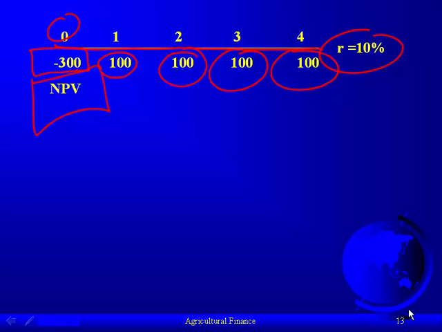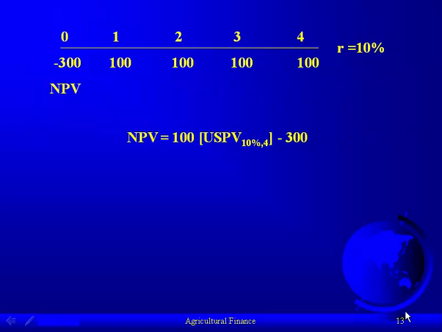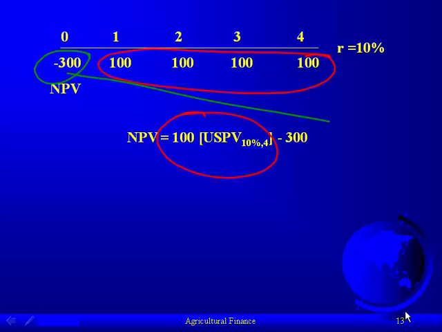And what's the definition of net present value? The present value of the cash inflows minus the present value of the cash outflows. The outflows are in green, the inflows in red. And you'll notice that the inflows, conveniently in this particular problem, are a series of payments and they are uniform.